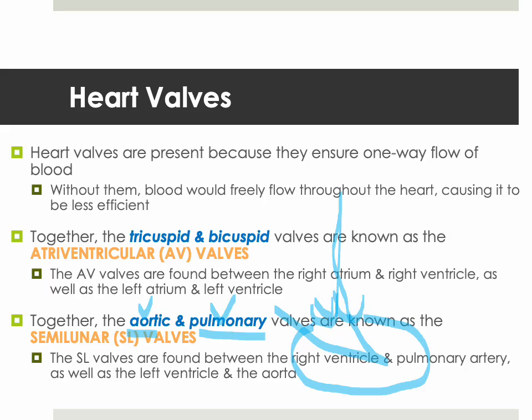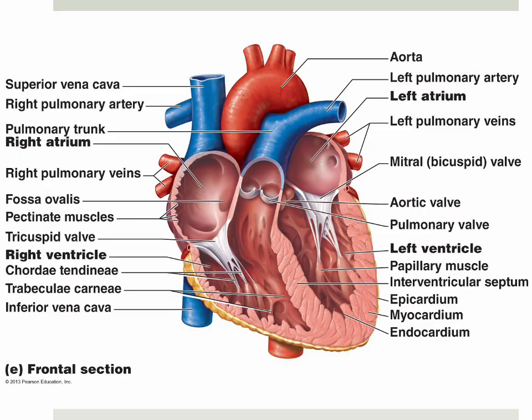If you think about it, they're like three little cups that close when they fill up. And we see them here. So blood goes from the atrium to the ventricle, and then when the ventricle contracts, whoosh, it just pushes. If the blood tries to backflow, these valves close, and that's why there's no backflow of blood. And the same case happens here.